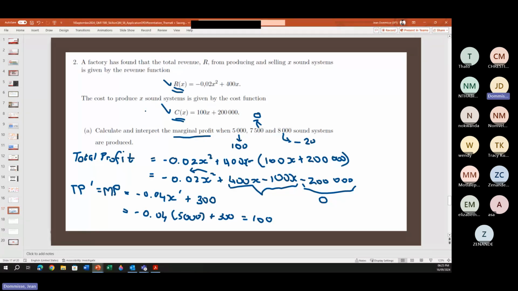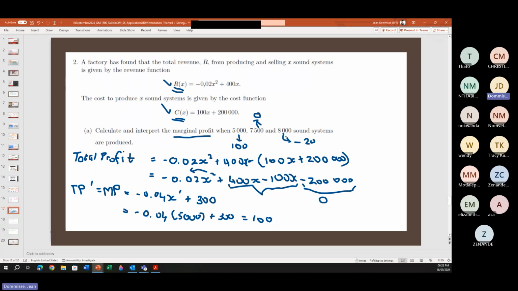Okay, so we calculate it and interpret the marginal profit. We can say that as you start producing more than 7,500 sound systems, you are starting to make a loss. When you produce 7,500, you will break even.